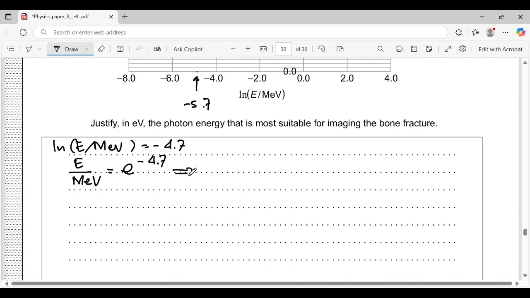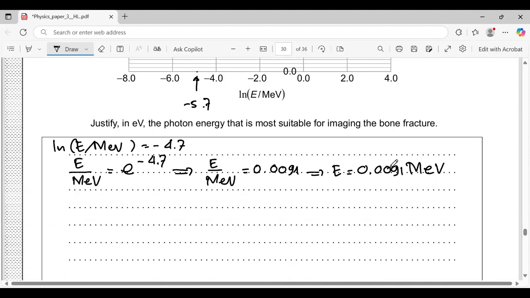And if you calculate, E over mega electron volt equals 0.0091. So it means E equals 0.0091 mega electron volt. Okay.